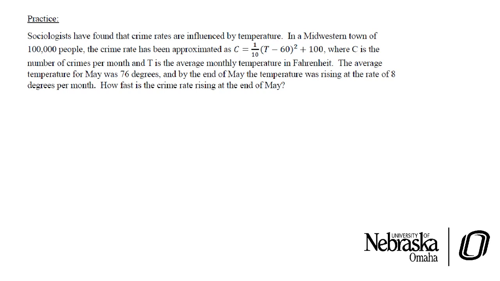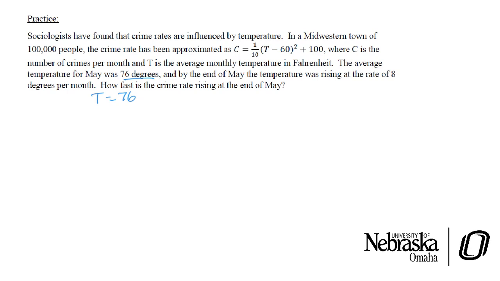The average temperature for May was 76 degrees. So that, again, means T equals 76. It's not a change. It's just a straight up variable. And by the end of May, the temperature was rising at the rate of 8 degrees per month. How fast is the crime rate rising at the end of May?